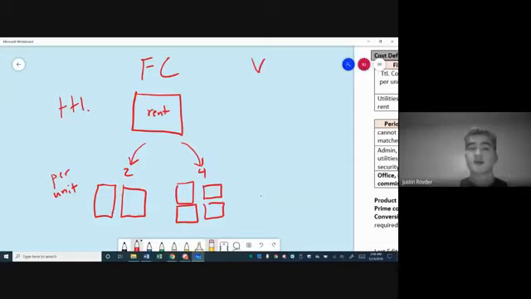Now, variable costs are the complete opposite. So we're going to start down here. Let's say we're making tables. The variable cost per unit will pretty much always be the same. This is like the wood of the table and the screws that go into the table. However, if you make 2 units, it's going to go the opposite way.